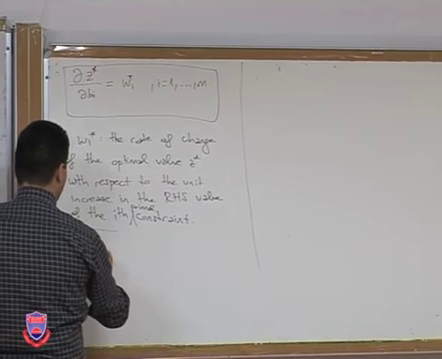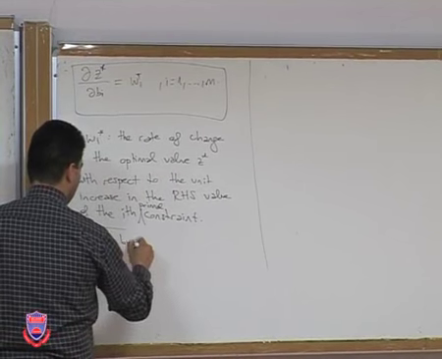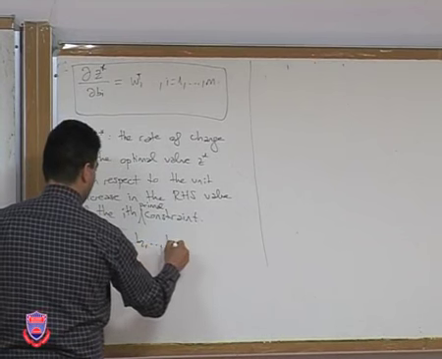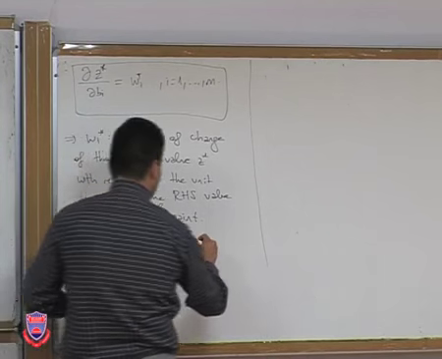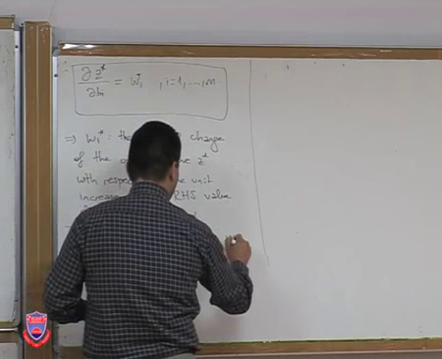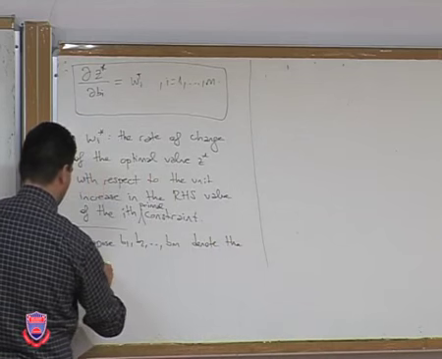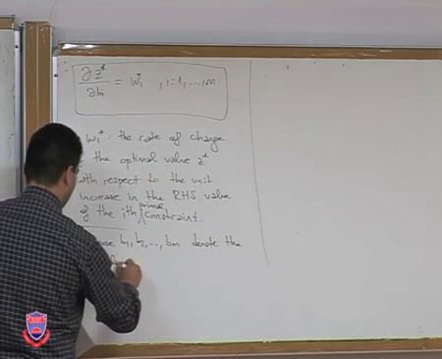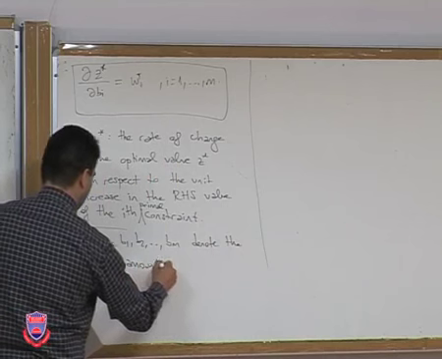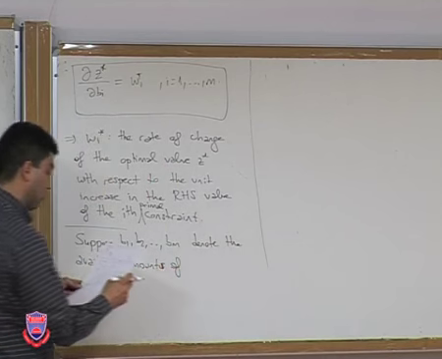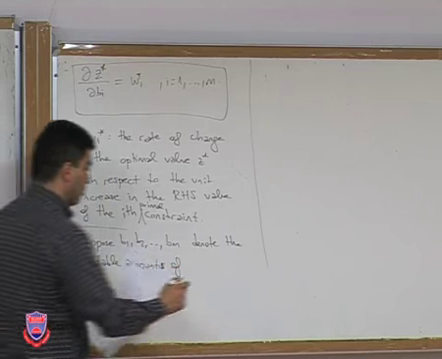So suppose B1 through Bm denote the available amounts of M resources for production.